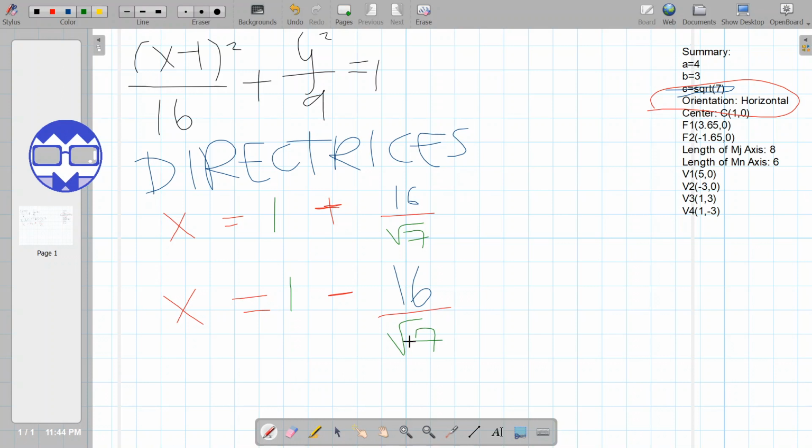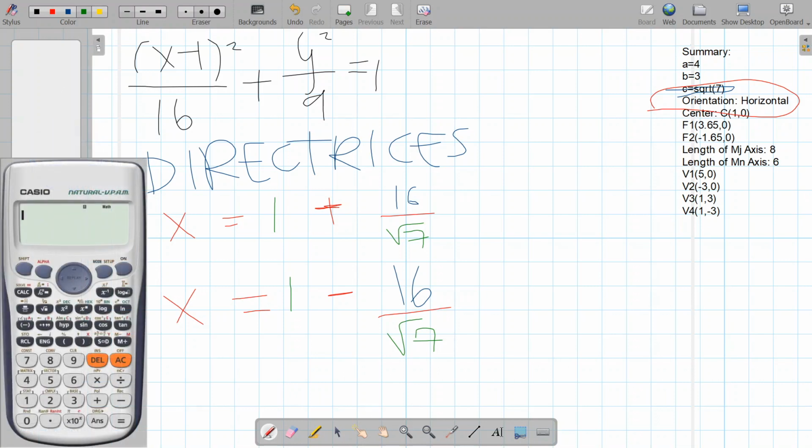And using our calculator, we have 1 plus, using the fraction symbol in your calculator, just press it. Then we have 16, go down, then square root sign, 7.